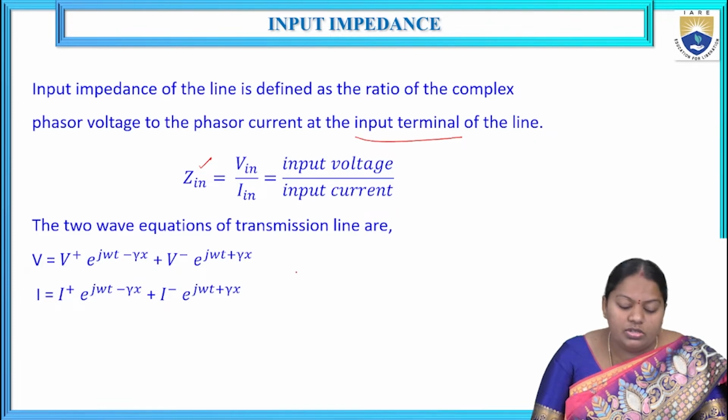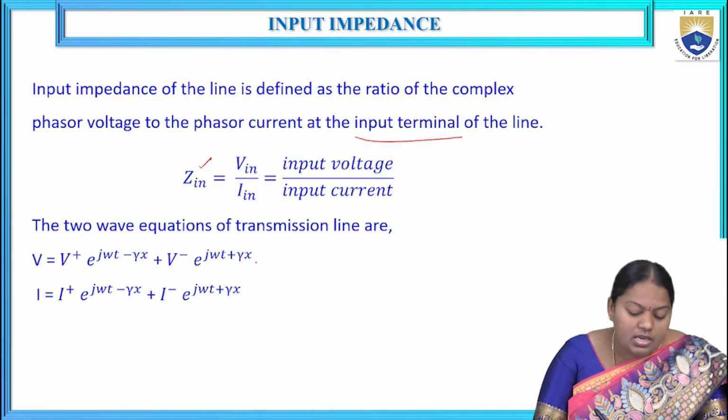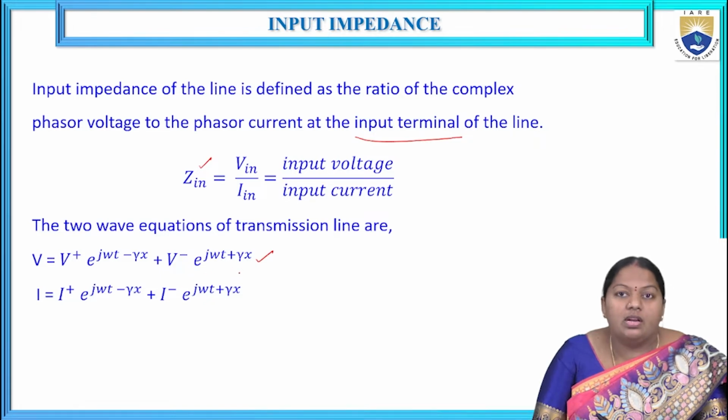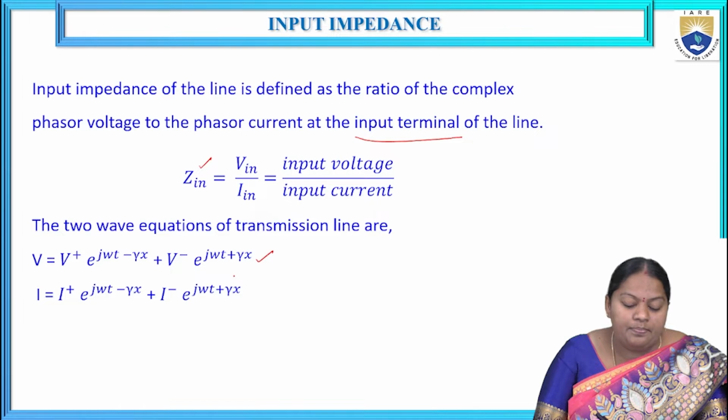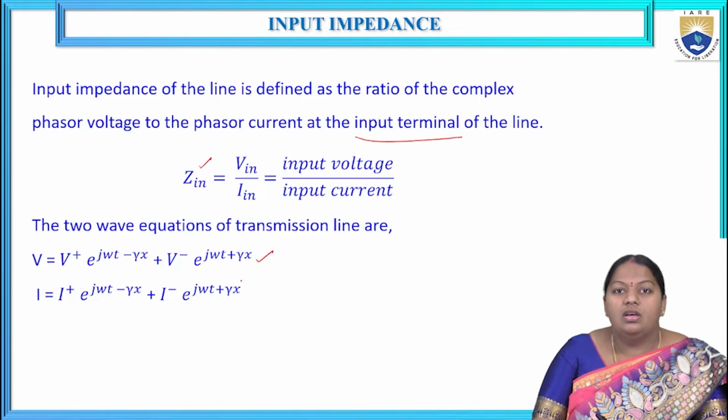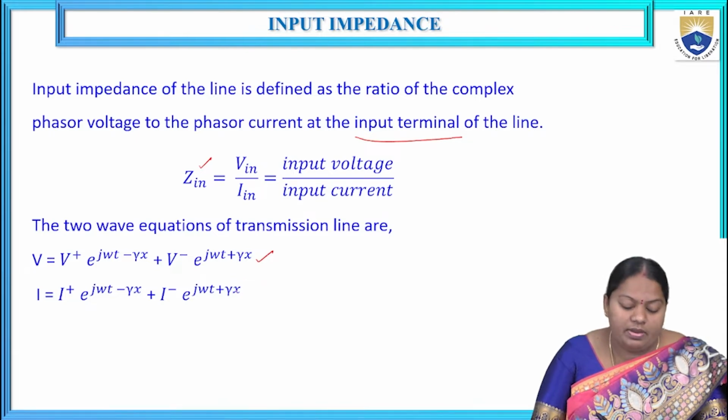The two wave equation solutions of the transmission line are given by V equals V plus e power j omega t minus gamma x plus V minus e power j omega t plus gamma x. x is the direction of propagation, gamma is the propagation constant, and omega is the angular frequency of that wave.